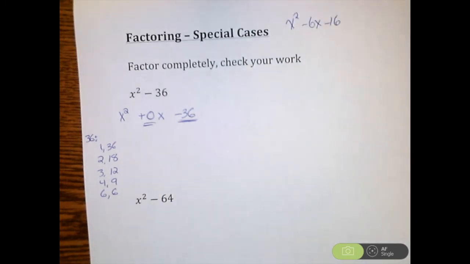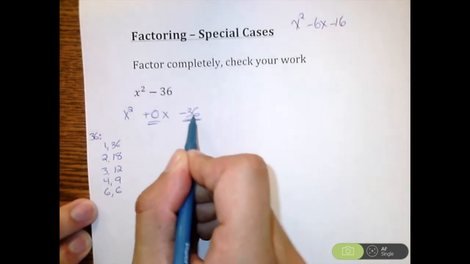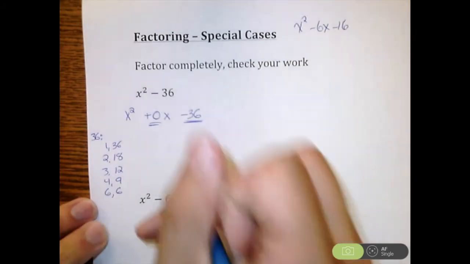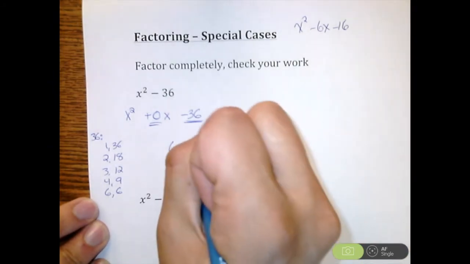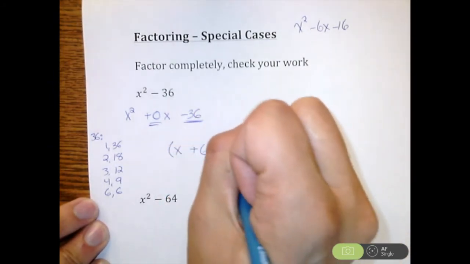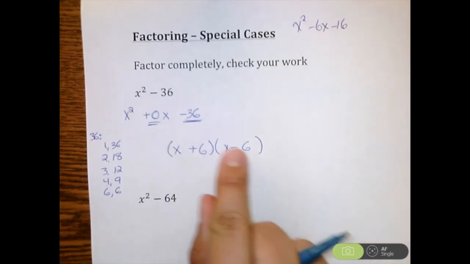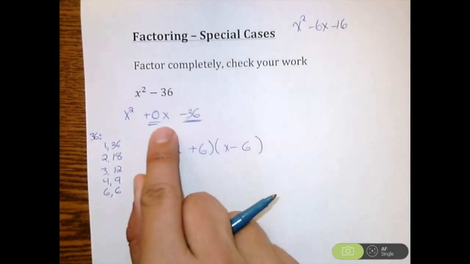And here's where the special case comes in: 6 and 6. 6 times 6 gets me 36, and if you add positive and negative 6, you're going to get 0. So if I want to multiply to get negative 36, I need one to be a positive 6 and one to be a negative 6, because positive 6 times negative 6 is negative 36, and 6 minus 6 is 0.